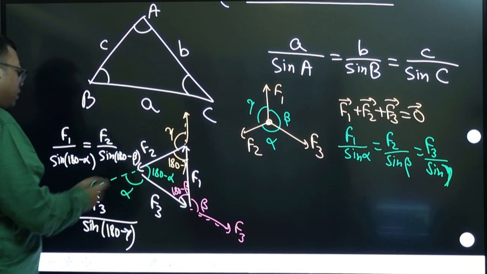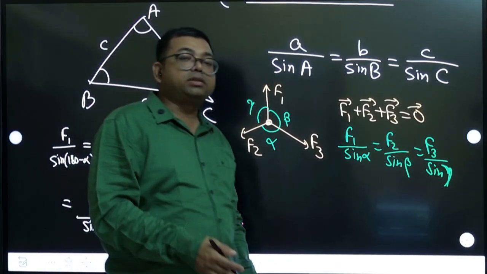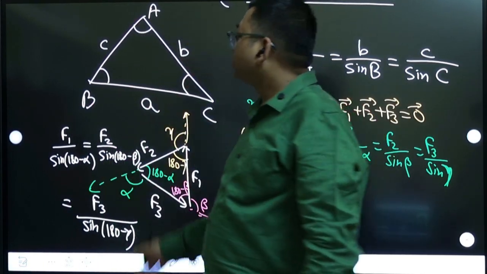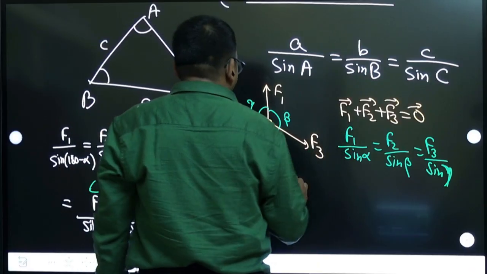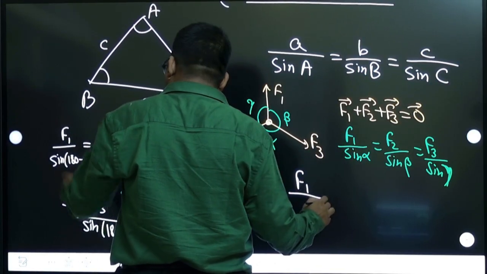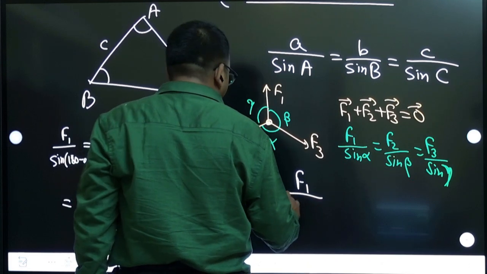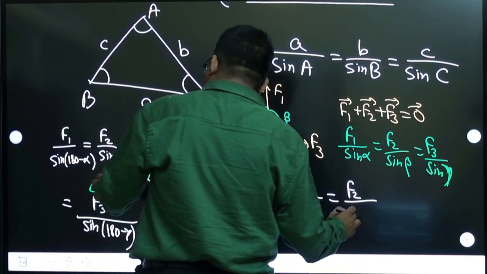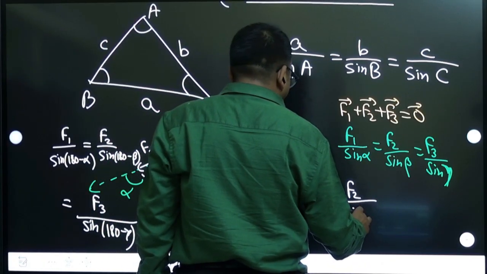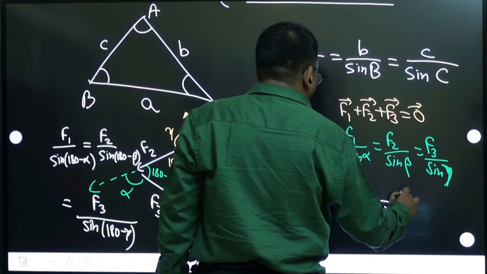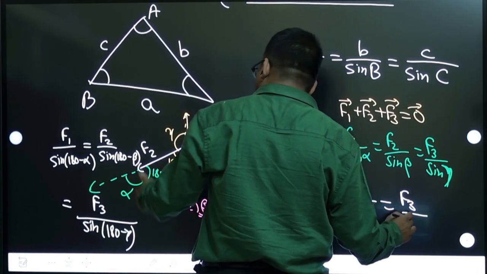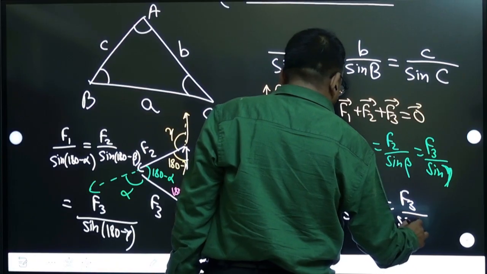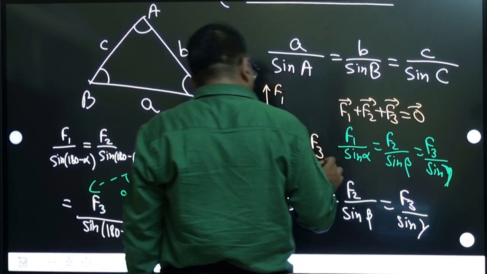And you know that sine of 180 minus theta is the same as sine theta. So F1 by sine 180 minus alpha becomes sine alpha. Similarly, F2 by sine 180 minus beta becomes sine beta, and F3 by sine 180 minus gamma becomes sine gamma.